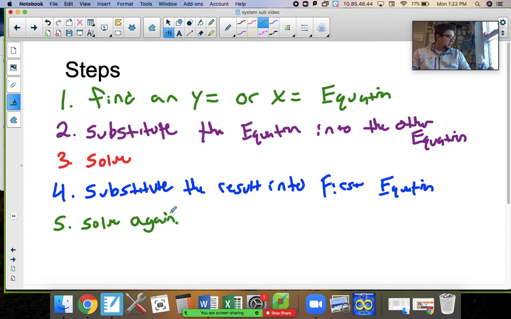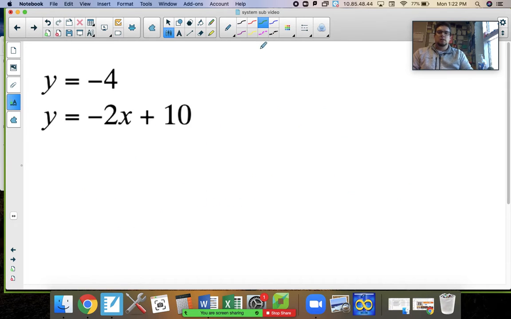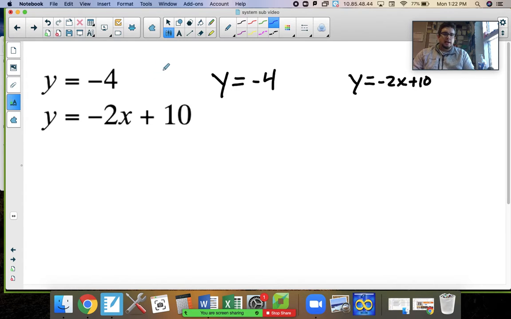All right, so let's take a look at what this looks like. With substitution, the best thing to do is write your two equations side by side, not vertically like they are written here. So I'm going to write all these side by side. Step number one, find a y equals or an x equals equation.